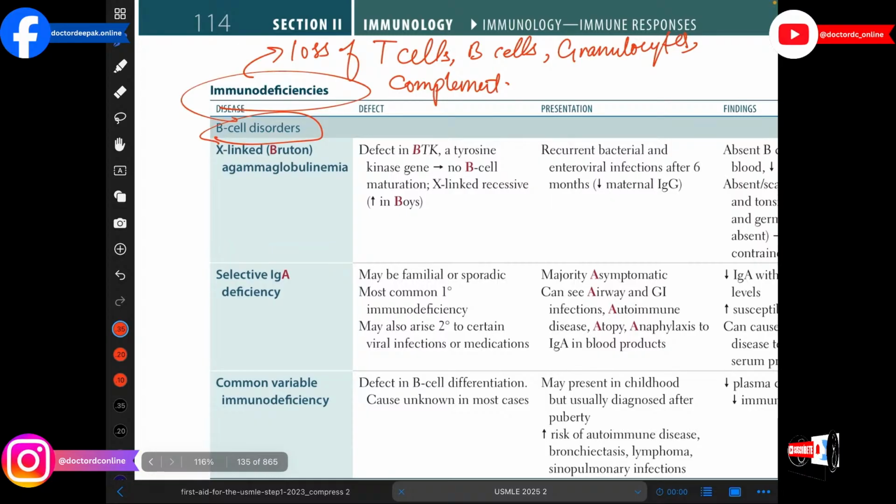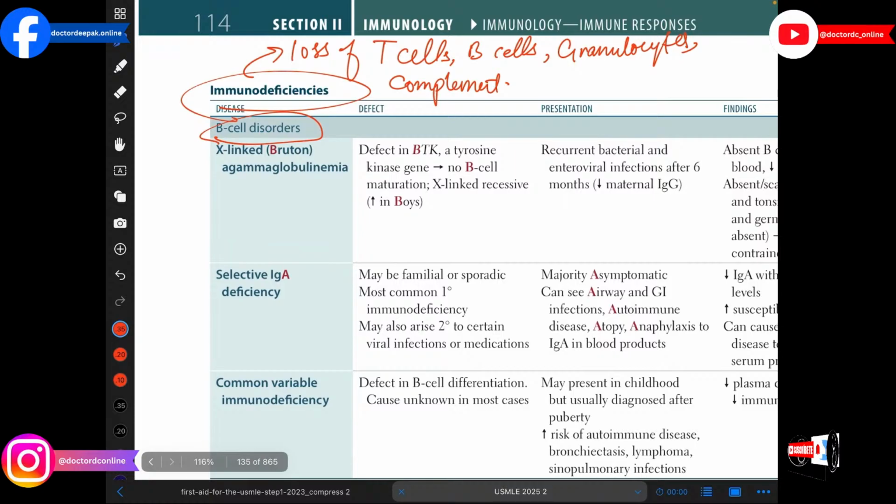The classical presentation is recurrent otitis media, sinusitis or pneumonia, with GI pathogen infections due to loss of IgA.